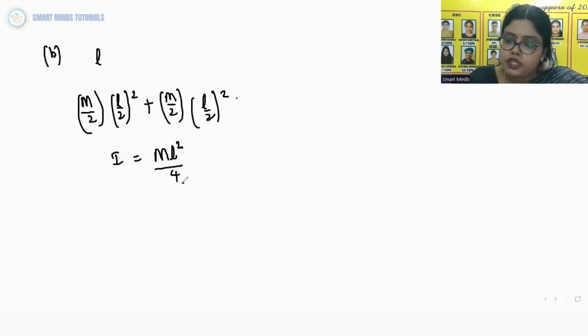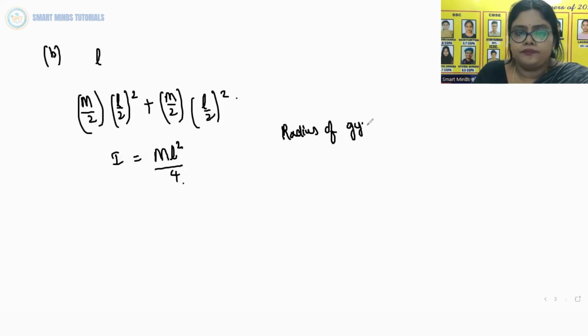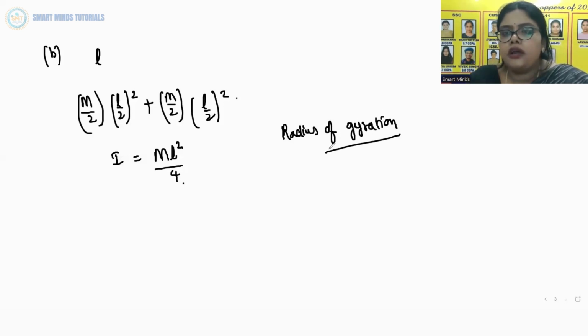As a measure of the way in which the mass of a rotating rigid body is distributed with respect to the axis of rotation, we can define a new parameter, that is radius of gyration, and it is related to the moment of inertia and the total mass of the body.